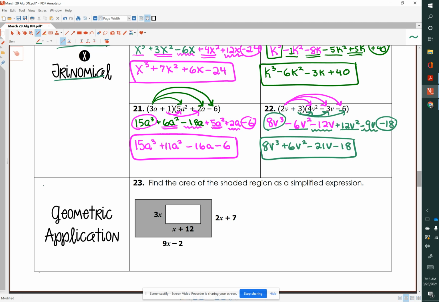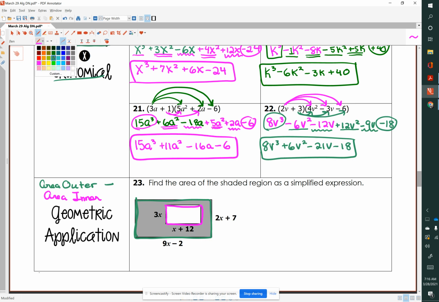So what we're going to do is the area of the outer box, this outer box, minus, and let's color code this for you, minus the area of the inner box. So that would be the pink one.